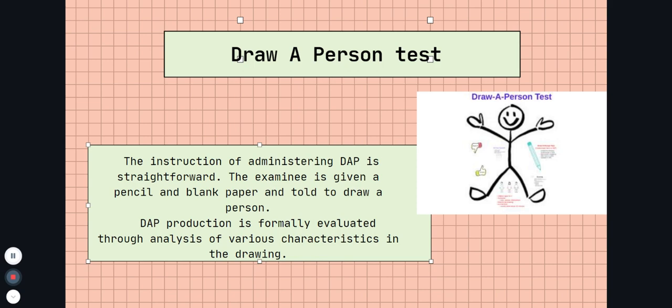A final observation with respect to the drawing is a fact that itself is ripe for psychodynamic interpretation. So the interpretation of the assessor with regards to the personality of the child will be based on the drawing that the child made.